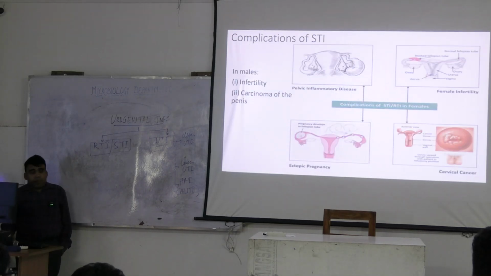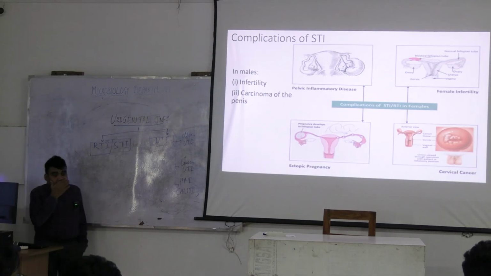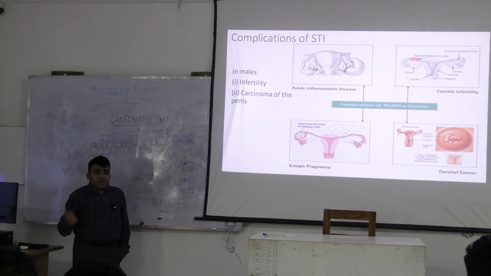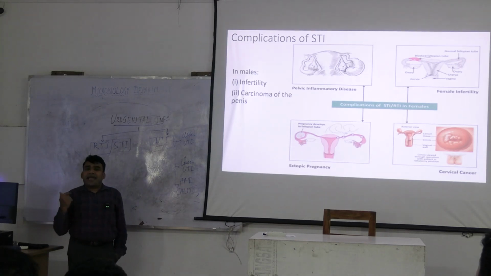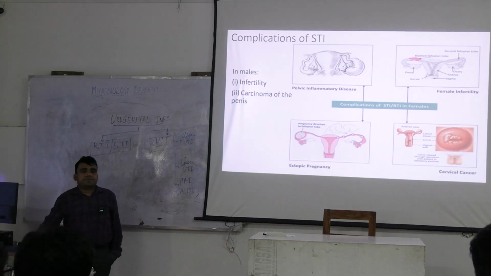Okay. Now why should you treat? You must understand the complications of sexually transmitted infections. See, neglected pelvic inflammatory disease may end up in infertility in the patient or ectopic pregnancies. Most common cause of ectopic pregnancy is PID. Why?